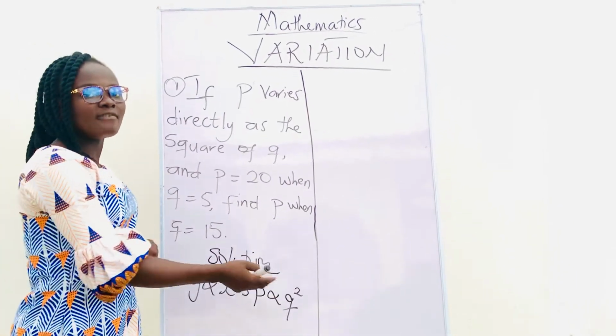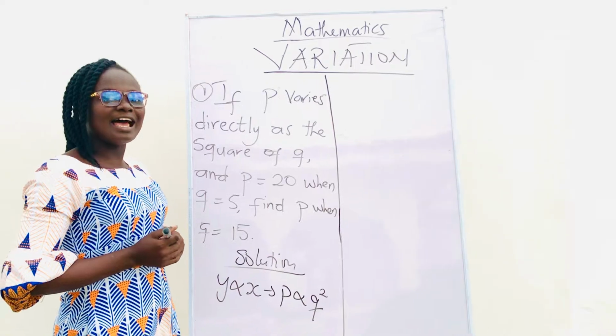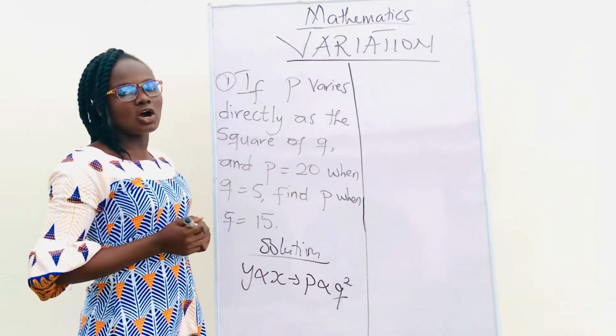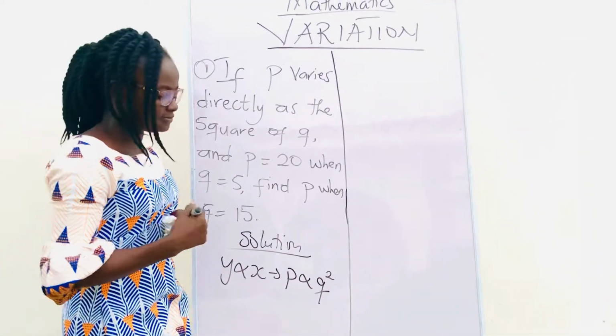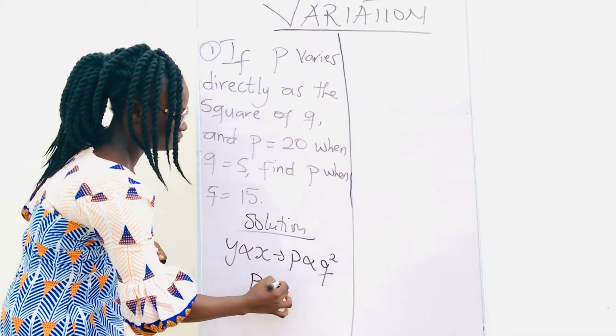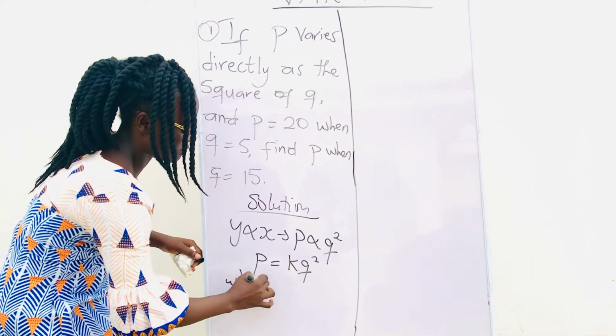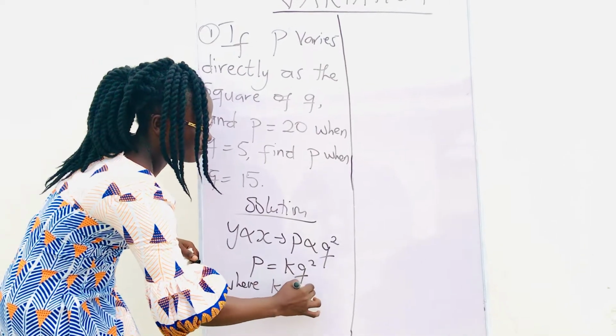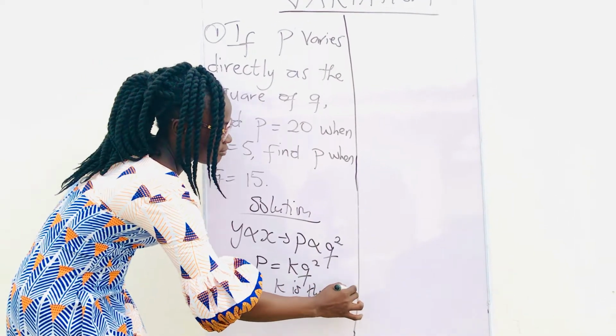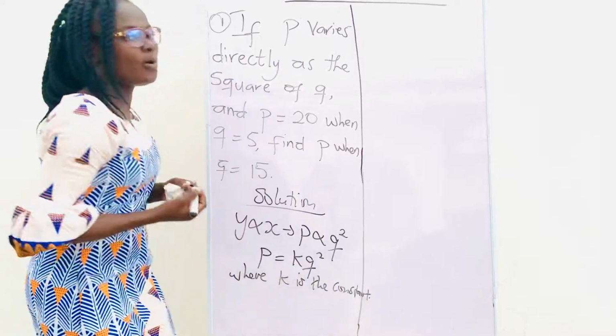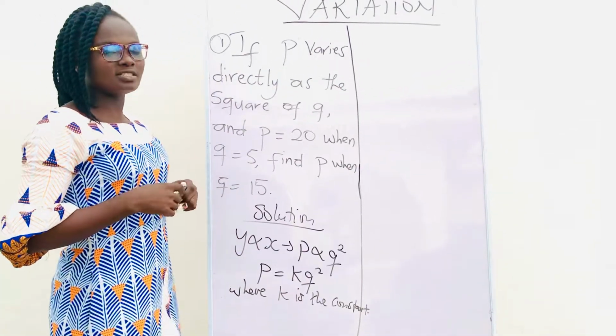You can't solve it in this form unless you introduce your constant. So let's do that. P equals kq squared, where k is our constant.